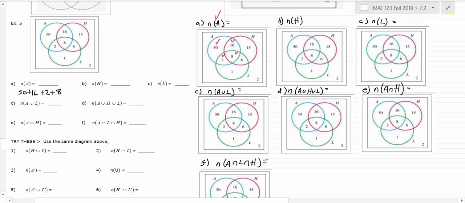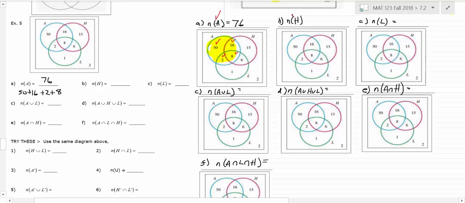So that would be 78, I think. Or is that 70? No, that's 76. Yeah, 66 plus 10 would be 76. So that would be the answer to that problem. That's how you put that together. Real simple as long as you know what the numbers mean in this.